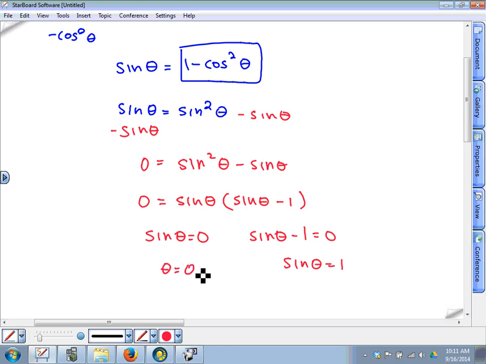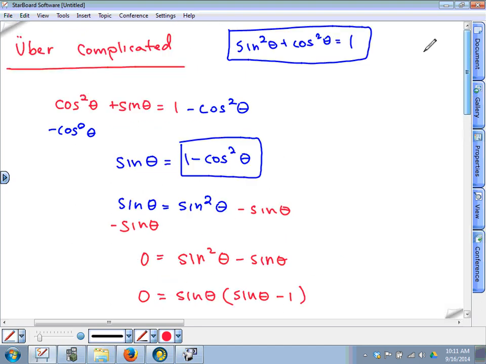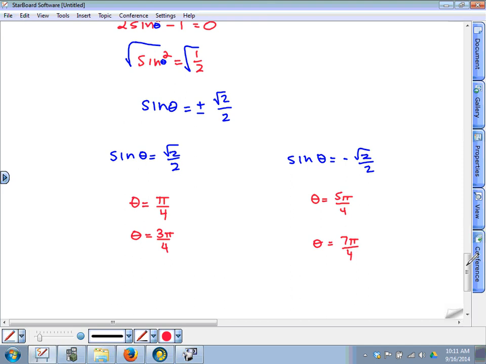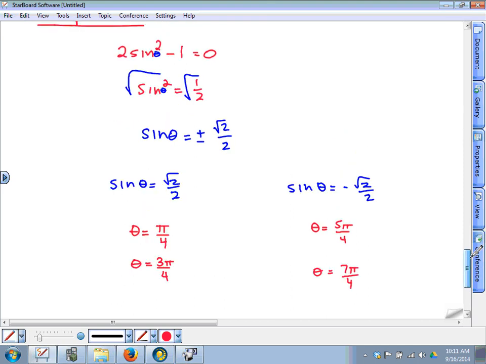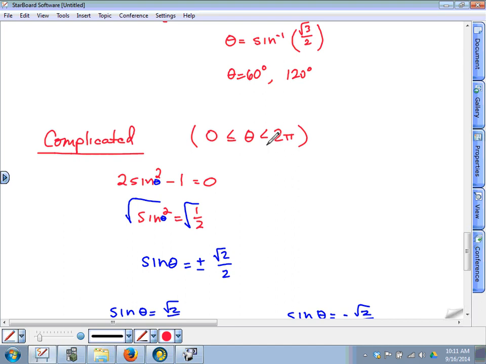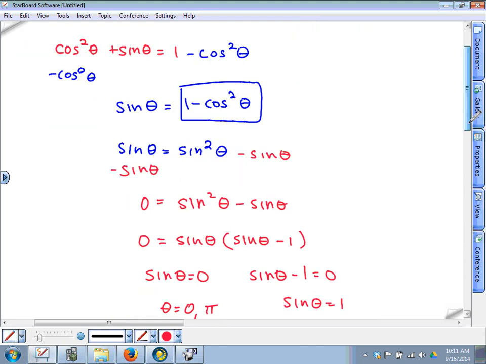So it's theta equals 0 and pi. How did I define it here? I defined it as 0 less than or equal to theta, strictly less than 2 pi. So if it was less than or equal to 2 pi, you could call it 2 pi. But that side of the equation gives us just 0 and pi.